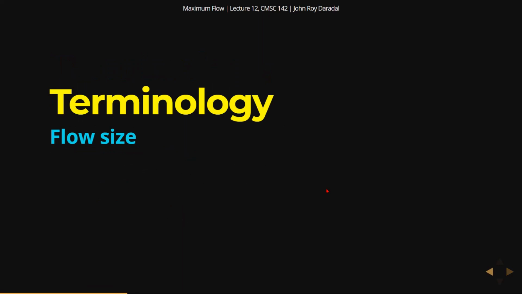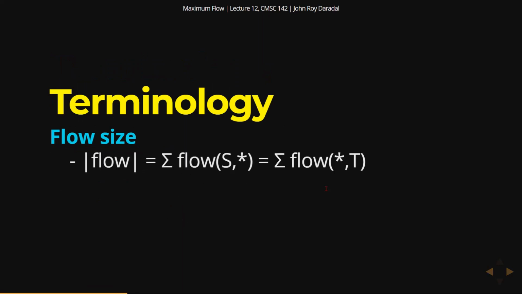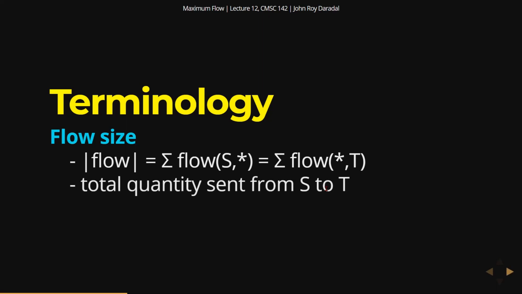Next is the flow size, which is just the sum of all the flow going either out from the source or going into the sink. Or basically you can think of it as the total quantity or the total flow being sent from S to T. Okay, so that is the flow size, so the total flow of the network.